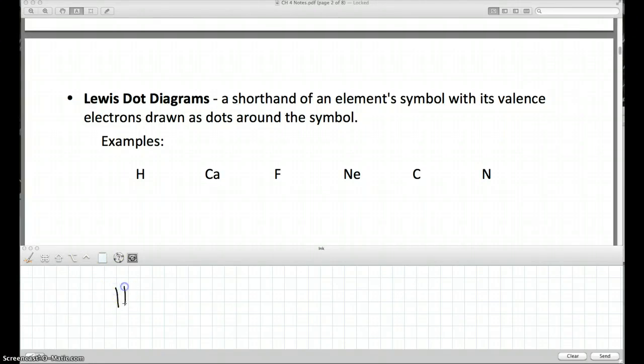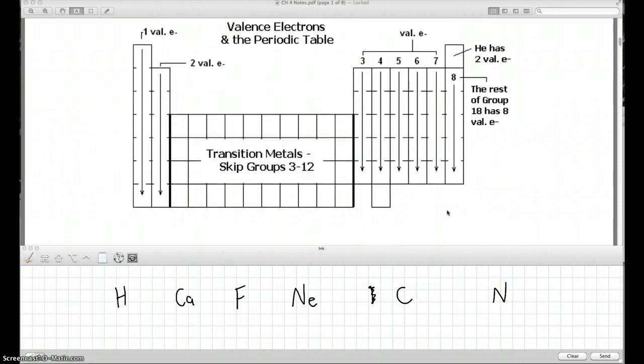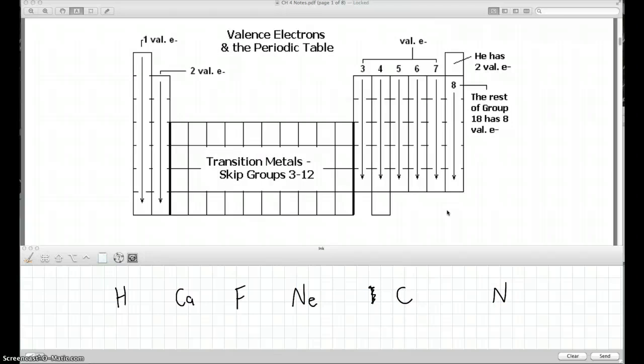So if we have H, and we have Ca, and we have F, and we have neon, and we have carbon, and we have nitrogen, I'm going to use that pattern that we just learned, and this pattern will tell me how many dots to put around the symbol.